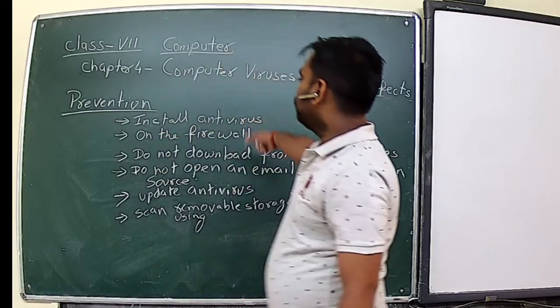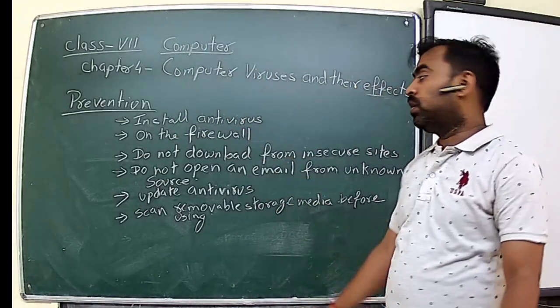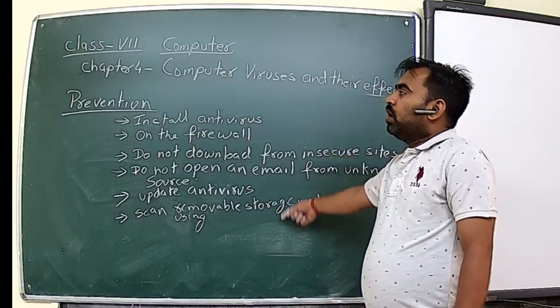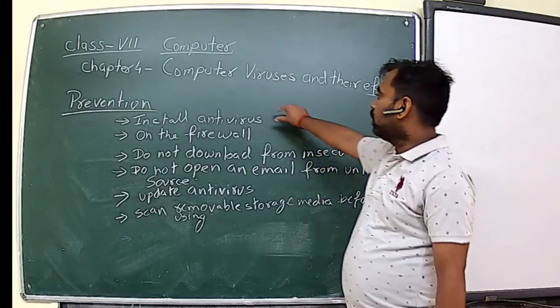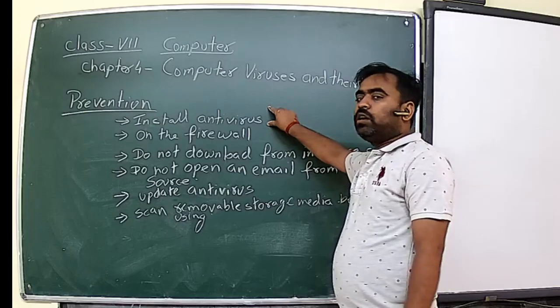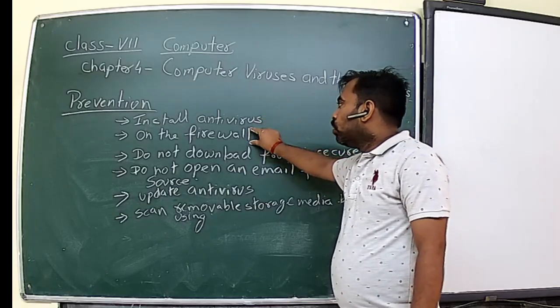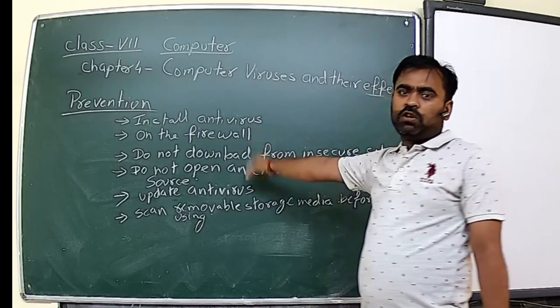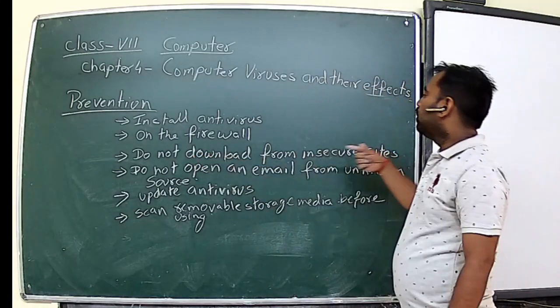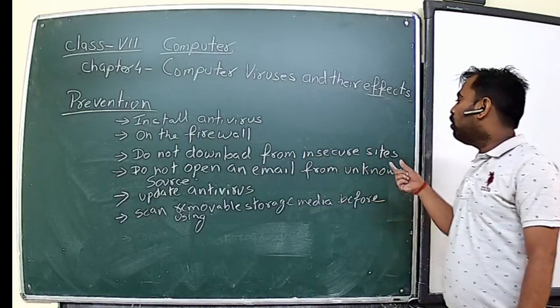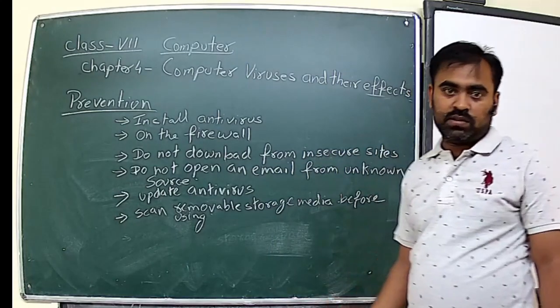So these are some prevention measures you can take to avoid virus infection of your system. First of all, install the antivirus and regularly update the antivirus software. Switch on the firewall setting of your system. Do not download anything from insecure sites.